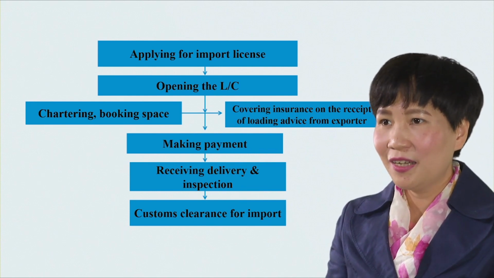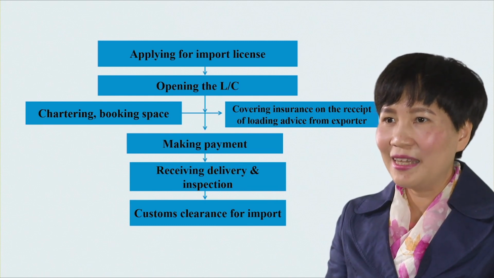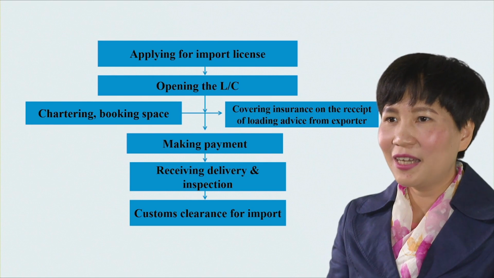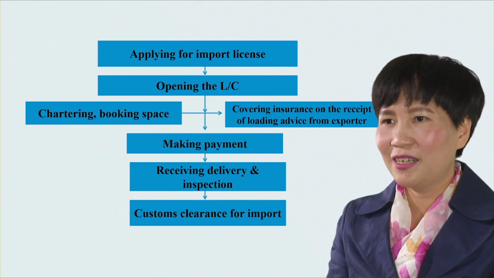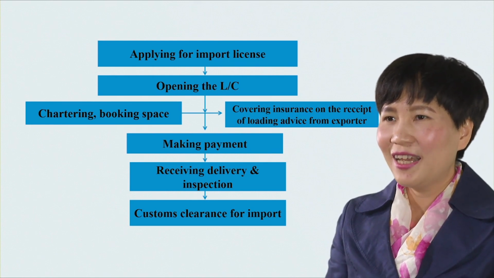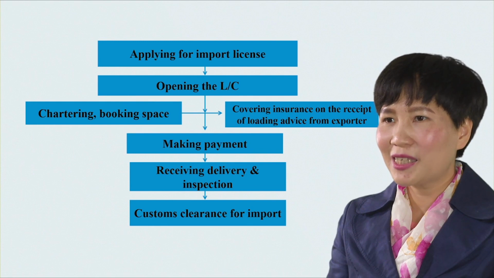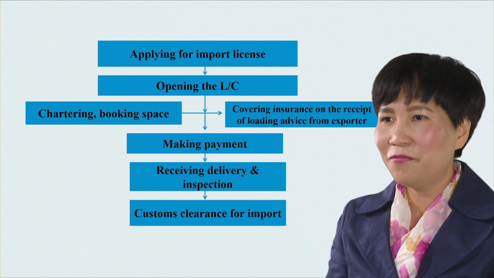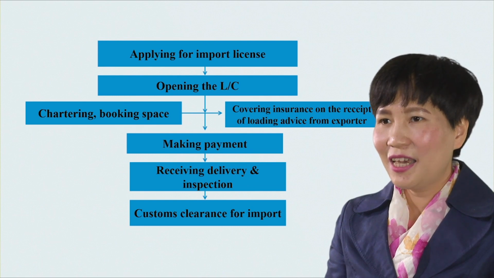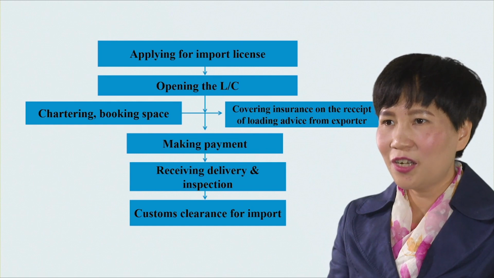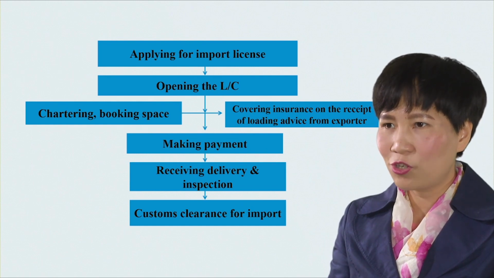If necessary, the importer or his agent would apply for the inspection of the import goods to ensure that the goods delivered are in conformity with the description of the goods in sales contract. Should there be any inconformity, the importer may lodge claims against parties concerned for compensation.